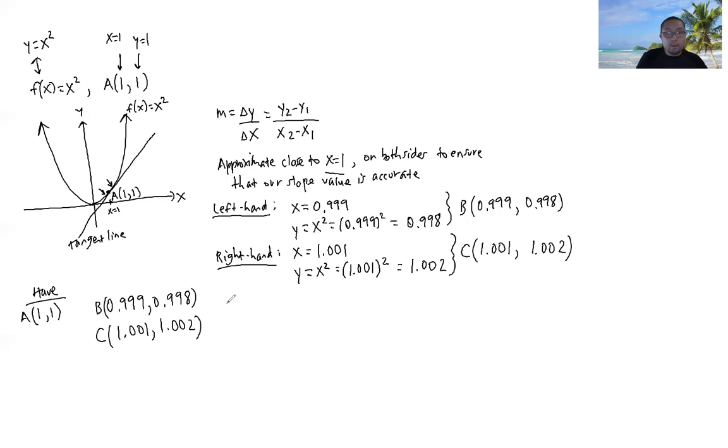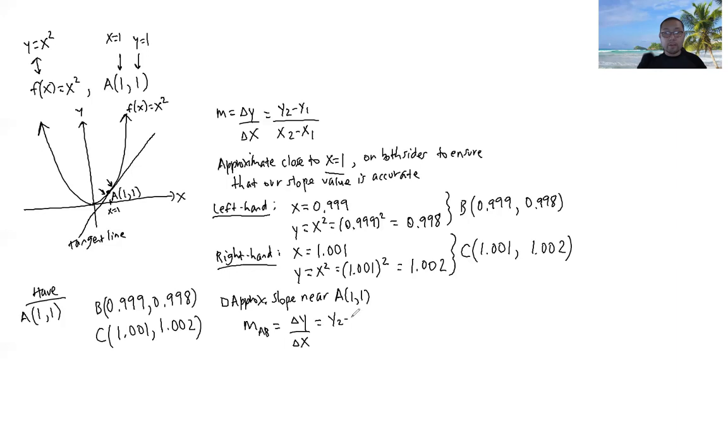And so let's do our work on approximating the slope near point A, not on it, but near. So let's do the slope between points A and B, okay? This is going to be change in y divided by change in x.